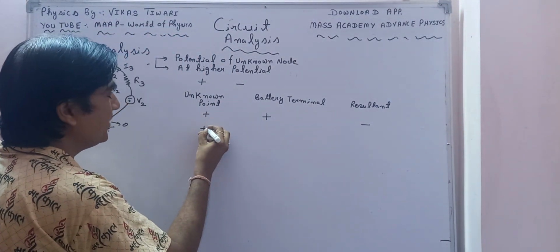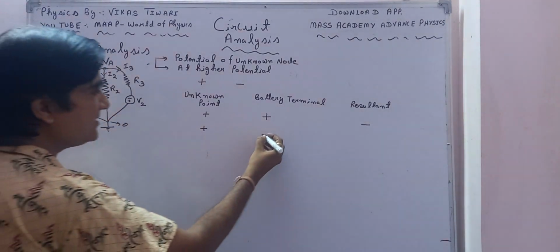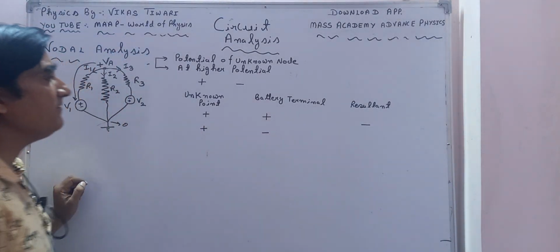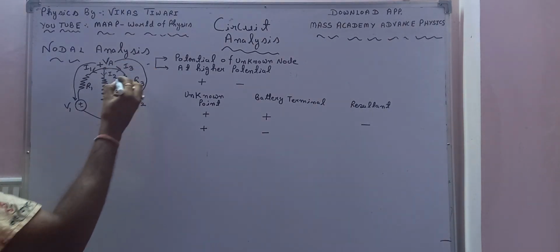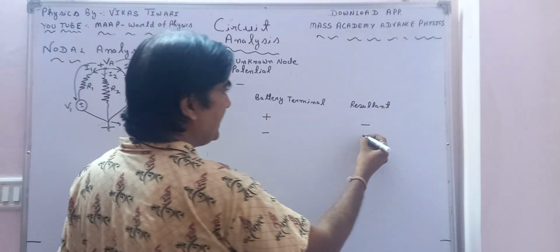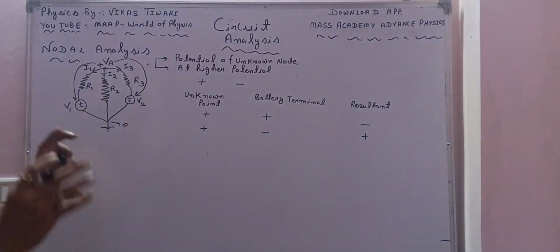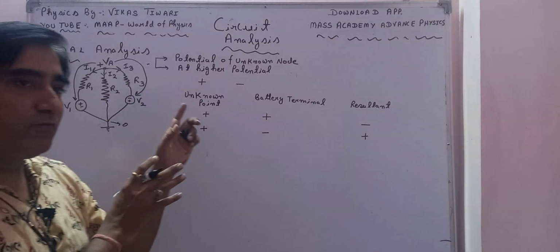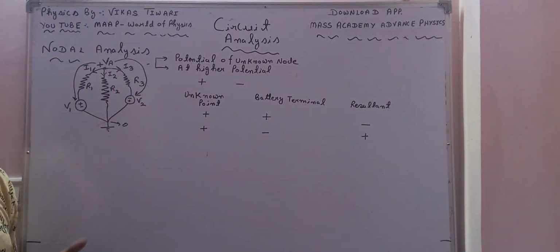And when the unknown point, which I am always taking at higher potential, faces the negative terminal of the battery, as in this particular case, where it is facing this negative voltage, I will take the resultant between the two voltages as positive. This is the basic rule that we are going to follow throughout when applying nodal analysis to a particular point.